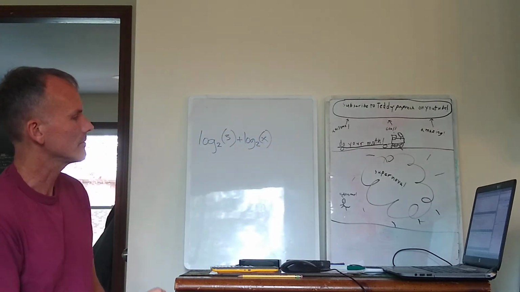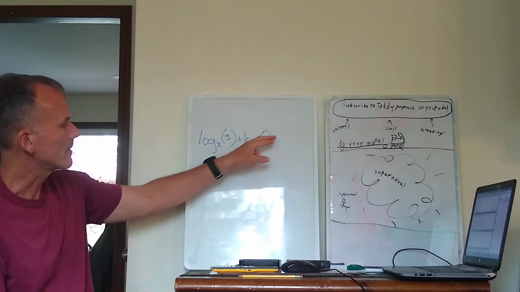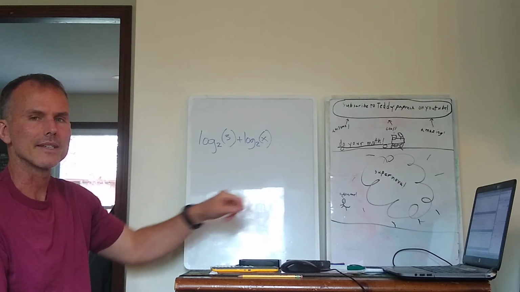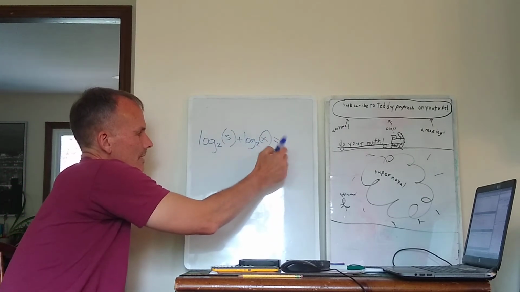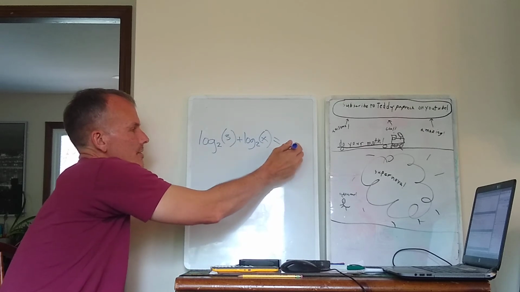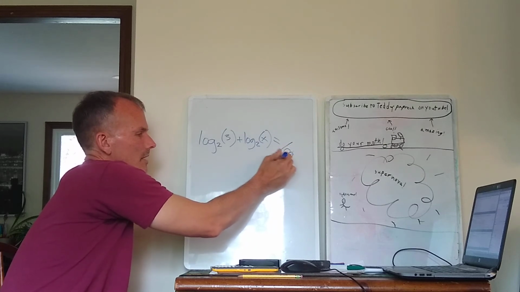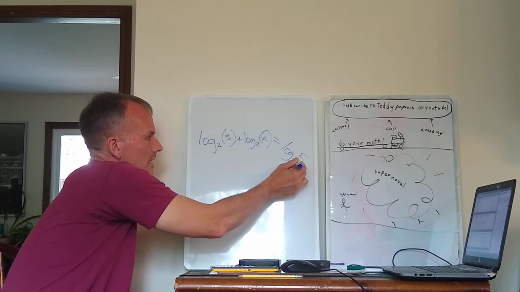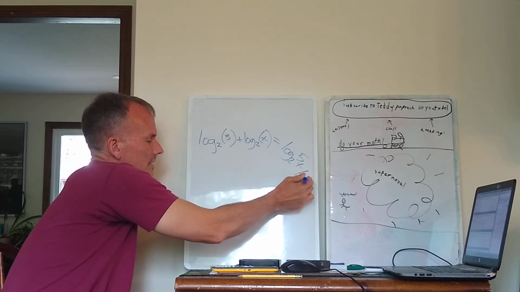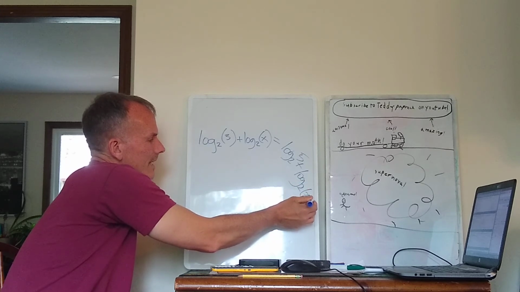I hope I haven't written this too big, but I fear I'm going to have to angle down the page here to fit this. So I'm going to write equals, and we'll start to dive this way. Log base 2 of 5 plus log base 2 of x minus 2.